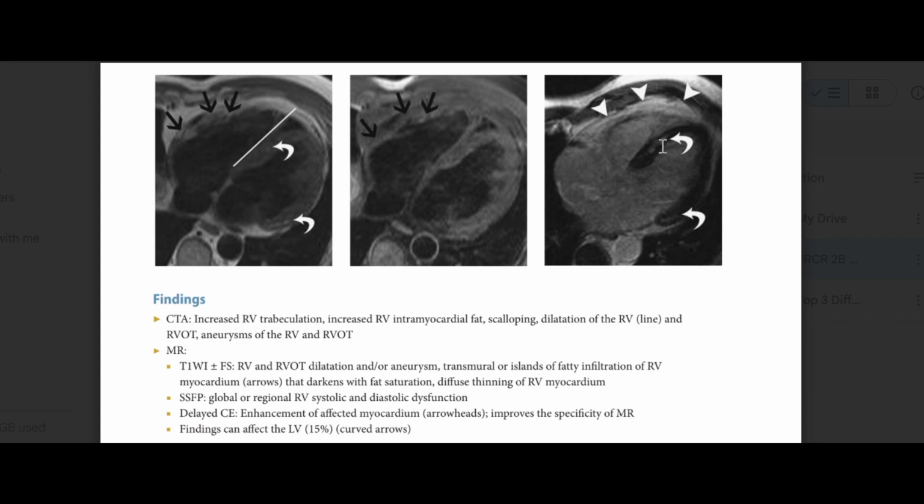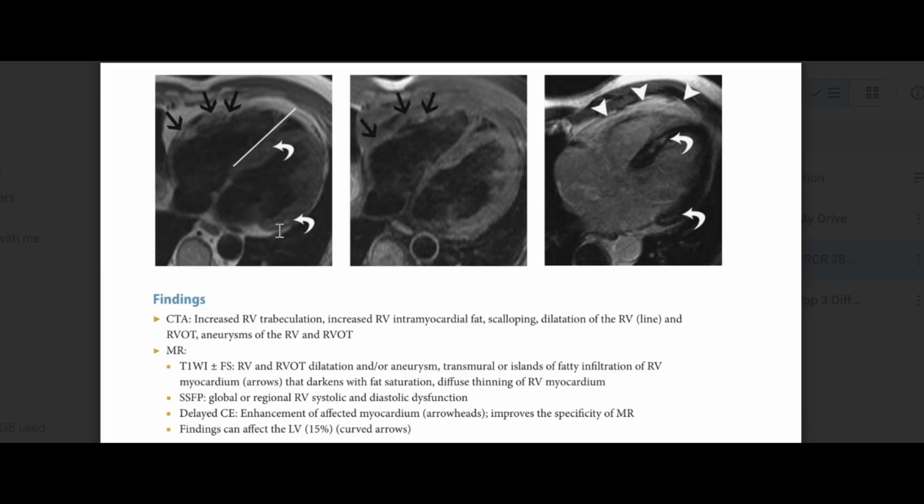Can you see this one and this one? So the fat infiltration is seen in the right ventricle here and also in the left ventricle. This is the normal myocardium on T1.